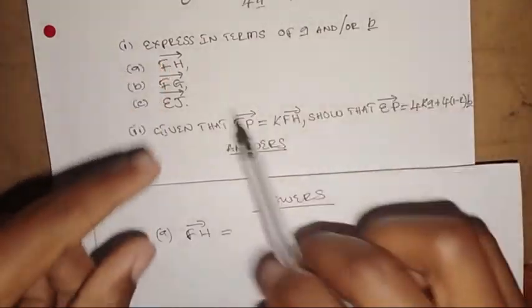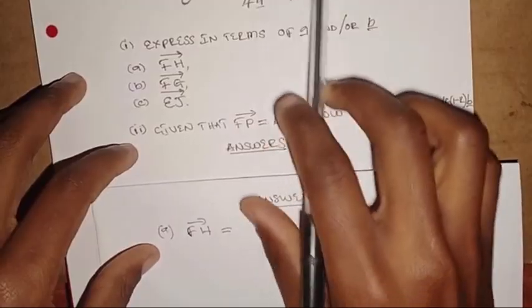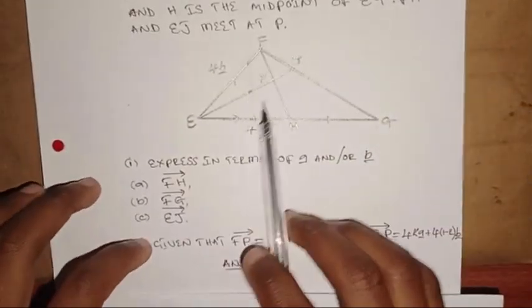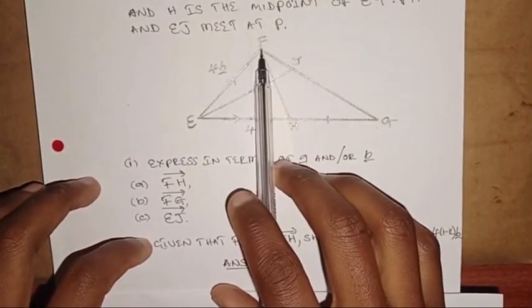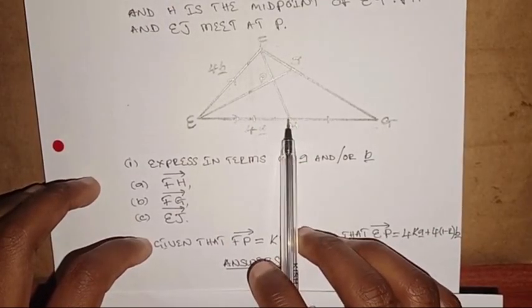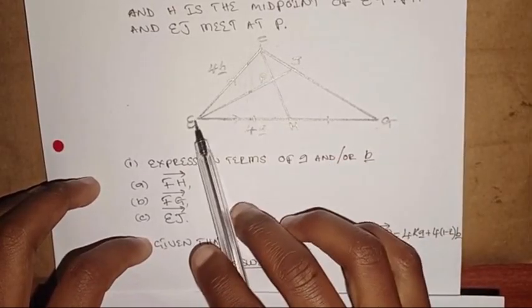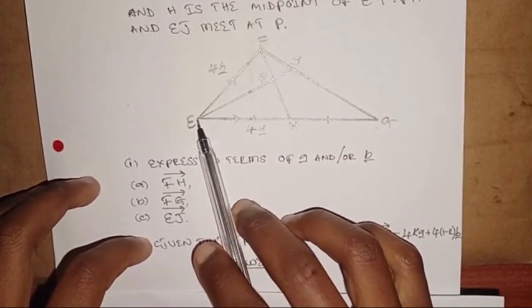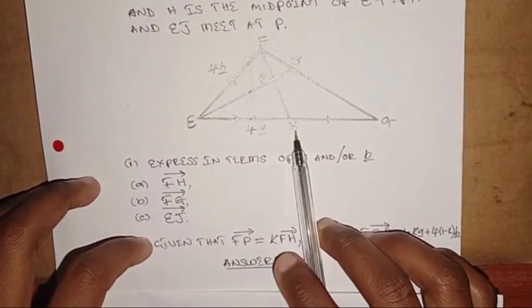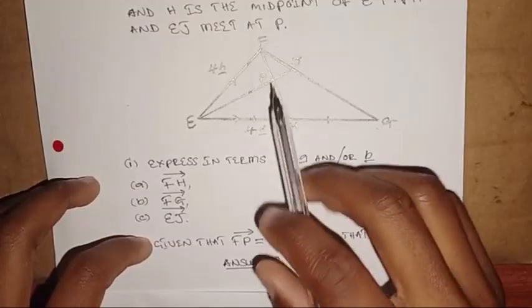Looking at the diagram, we start from F, which is the tail, and end at H, which is the head. So we need to move from F to E, then from E to H. That's what we call the triangular rule of adding vectors.